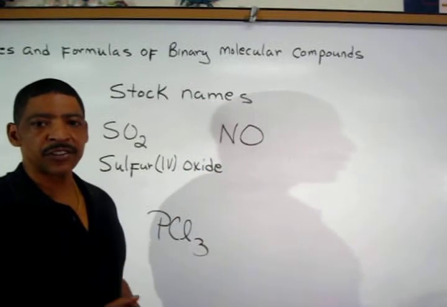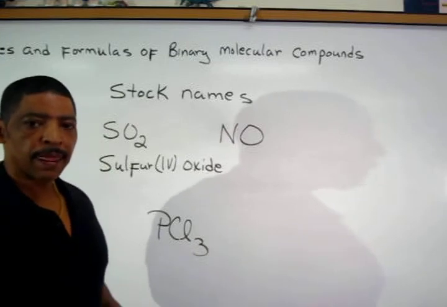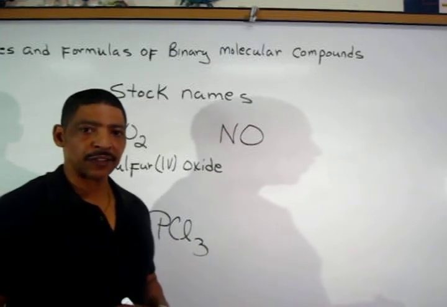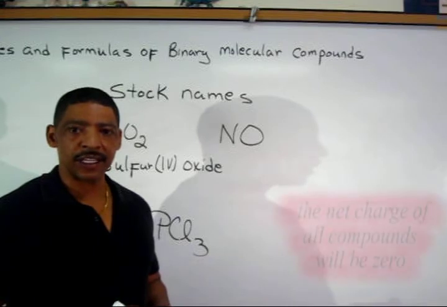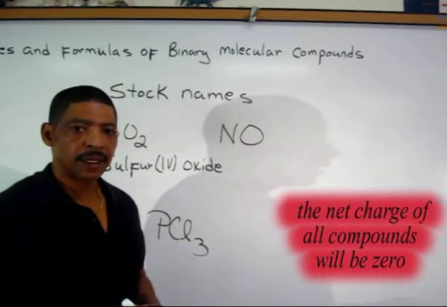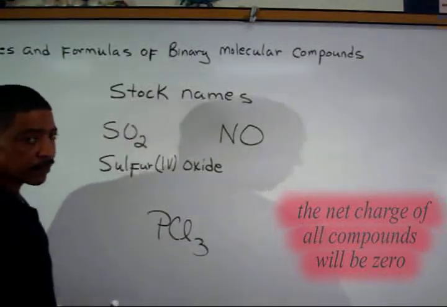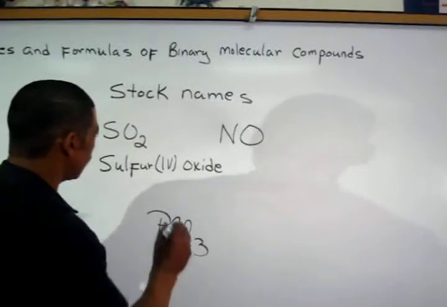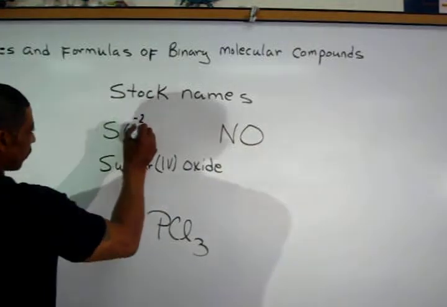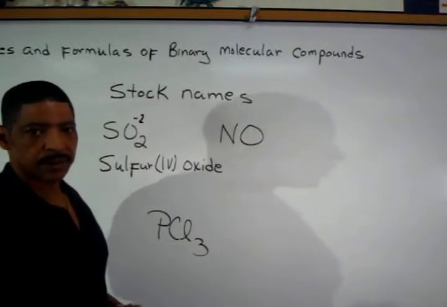The Roman numeral is generated from the fact that all compounds will possess a 0 overall oxidation number. This means that the oxidation states of the elements or atoms must cancel out, where O is known to possess a -2 oxidation number.